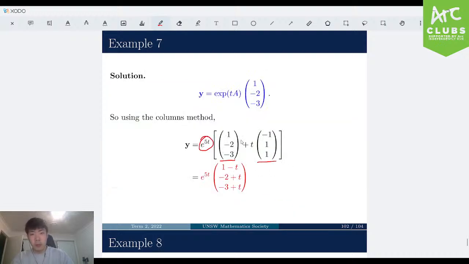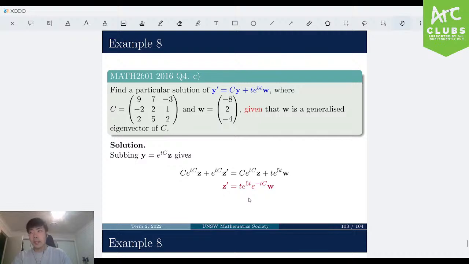Because recall, again, the Maclaurin expansion looks something like this. So the first term will just be multiplied by 1, the second term will be multiplied by t. Okay? And then it terminates there because there are only 2 generalized eigenvectors. Simplify it a bit, and you end up with that. That's it.